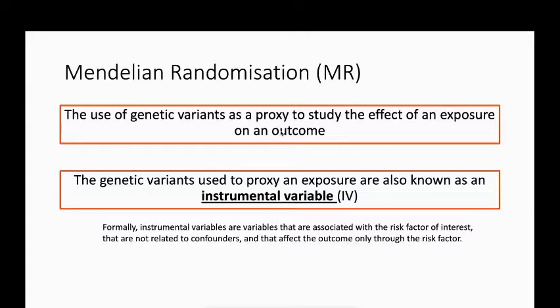And again, formally, in terms of definitions, instrumental variables are variables that are associated with the risk factor, i.e. here the exposure, but they are not related to confounding variables, and they only affect the outcome through the risk factor. Okay, and these encapsulate the assumptions of Mendelian randomization.